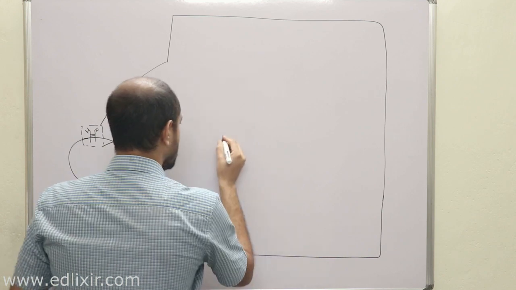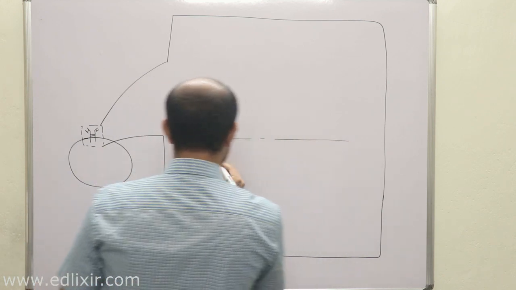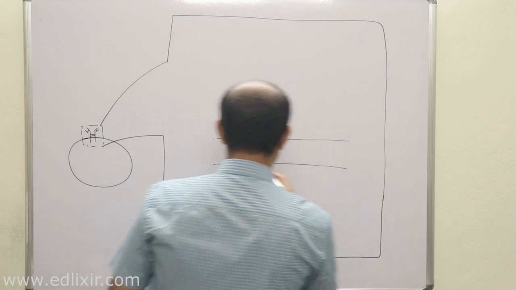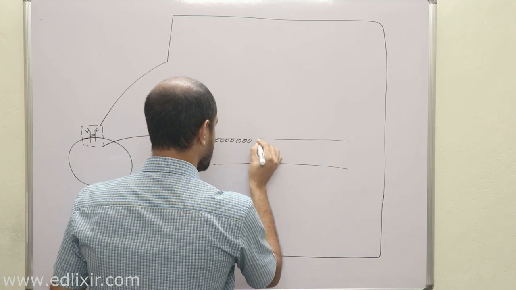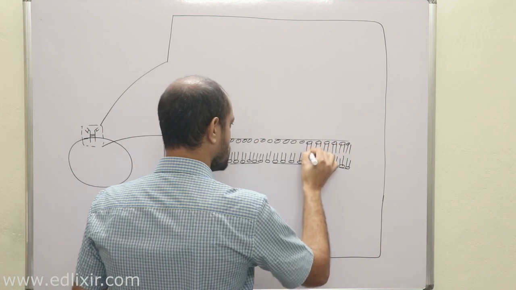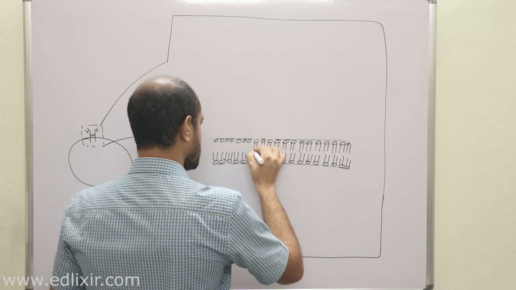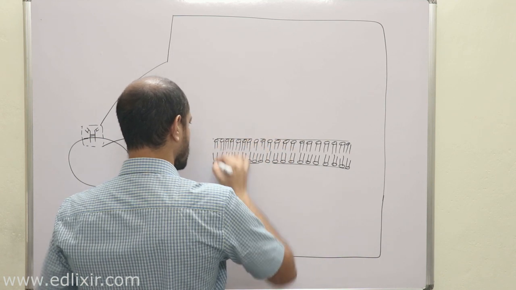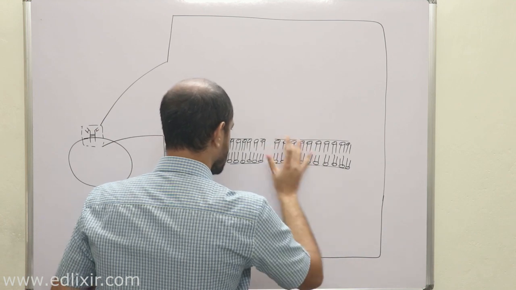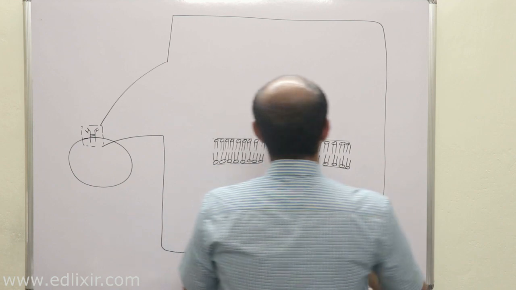Suppose this is your cell membrane area where antibodies are bound. This is the phospholipid bilayer. Now listen with all your attention. Suppose I now omit this portion.